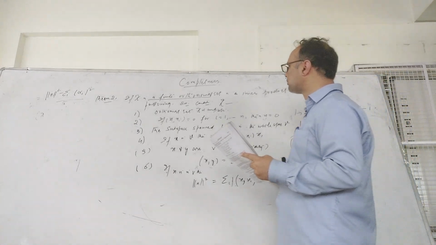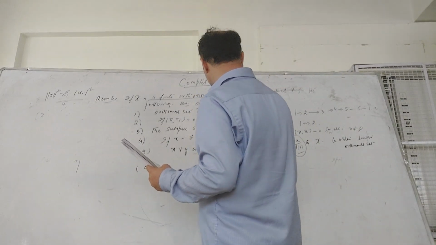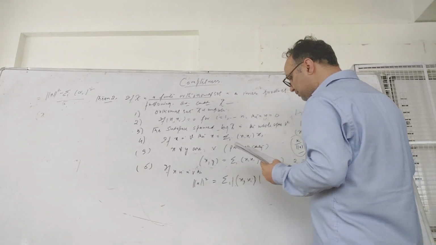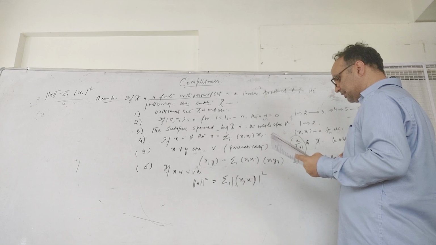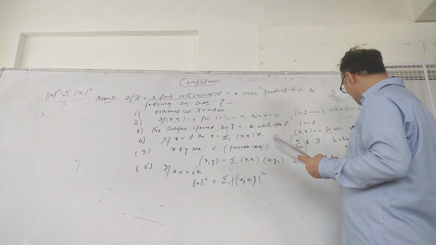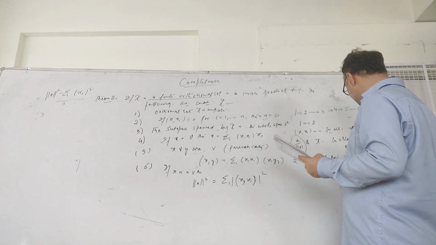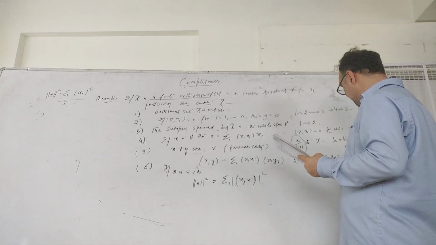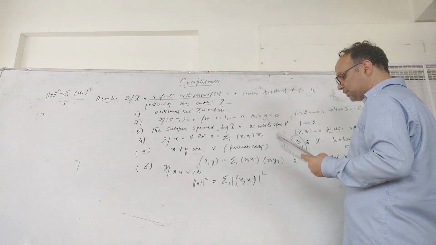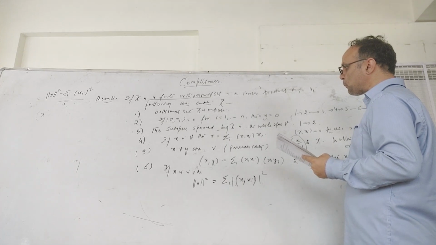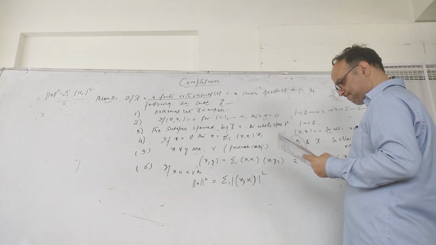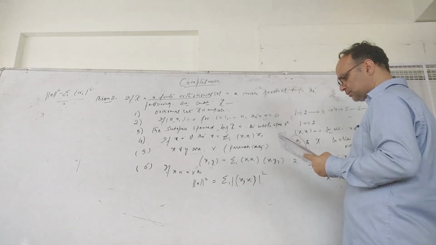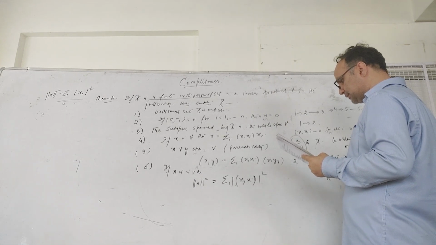And from second to third, if there is an x which is not a linear combination of xi, then the second part of the theorem is x prime is equal to x minus this.